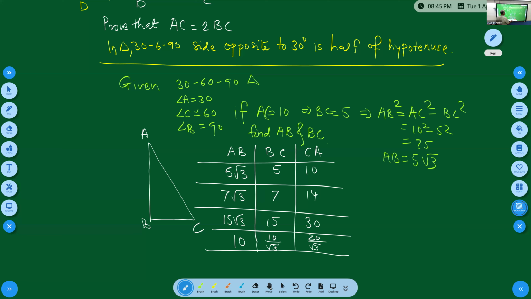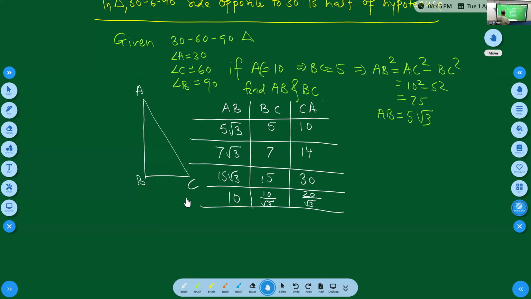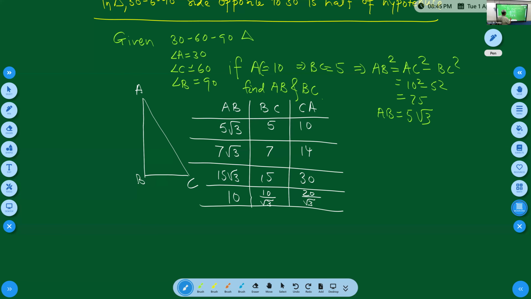So 10 by root 3 and 20 by root 3. Correct.